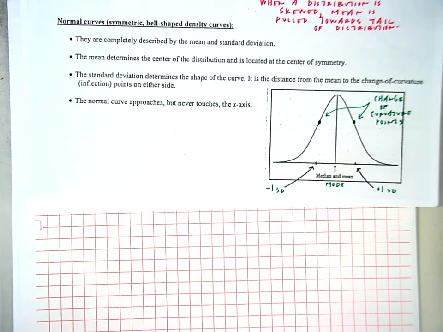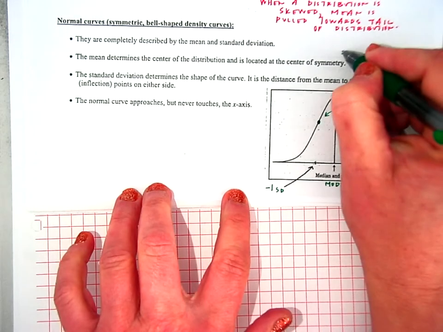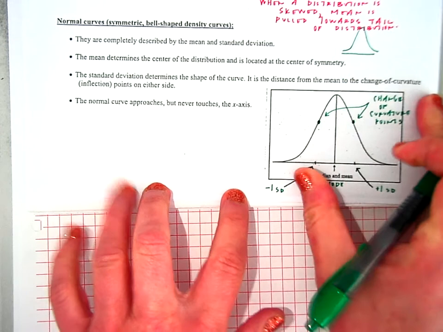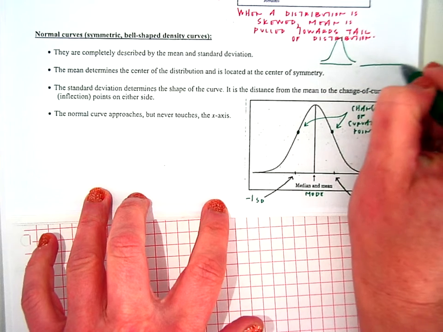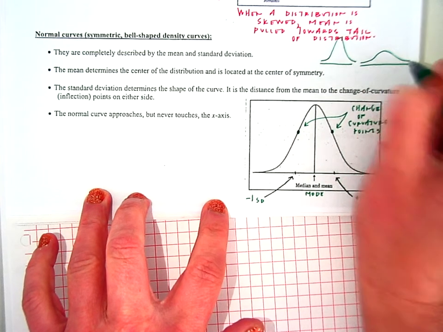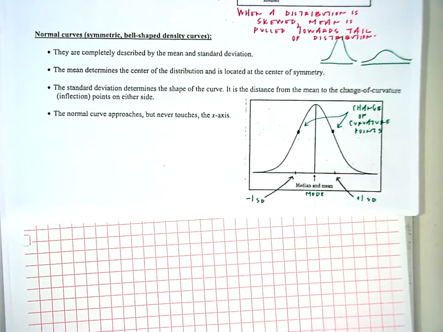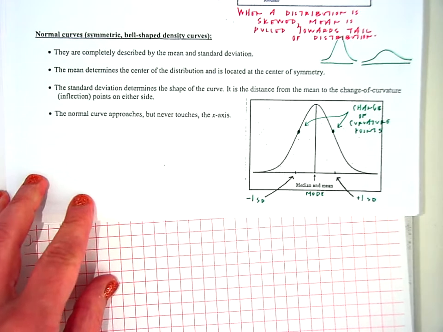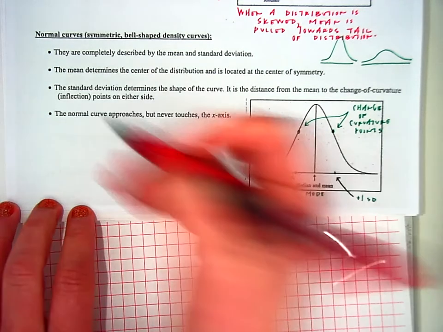Okay, and it just determines how steep or how squished down that curve will look, right? Is my curve going to look like this? Or is my curve going to look more like this?